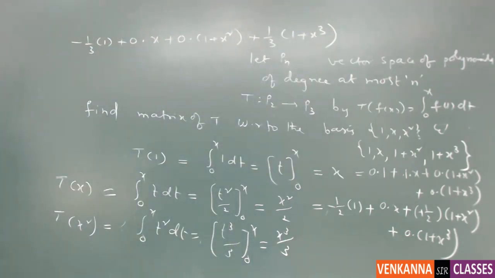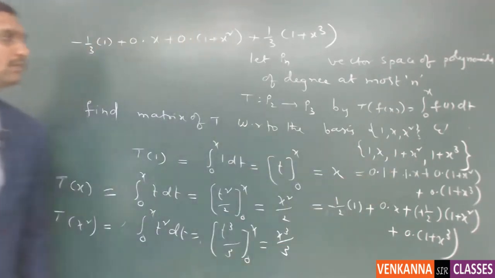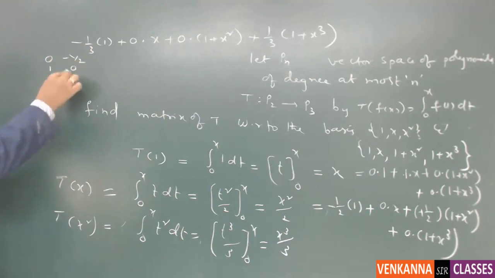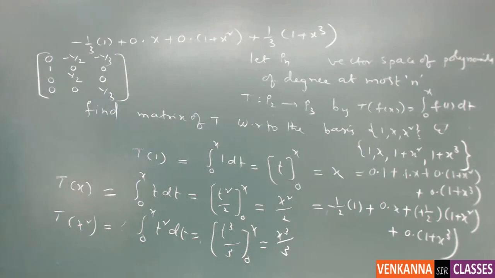So if you observe, in each combination what are the scalars, you write them as a matrix. In the first one, the scalars are nothing but 0, 1, 0, 0. So write them as columns of a matrix. In the second one, the scalars are nothing but minus 1 by 2, 0, 1 by 2, 0. The third one, the scalars are minus 1 by 3, 0, 0, 1 by 3. So this is the matrix of T with respect to the transformation and with respect to the basis.